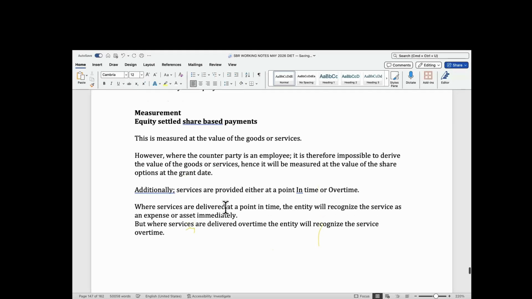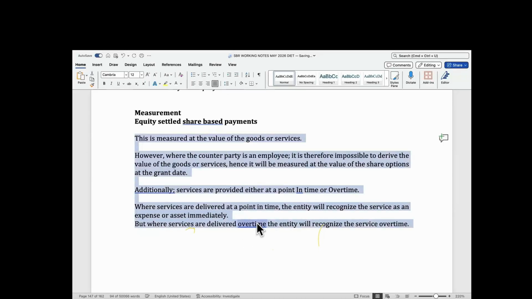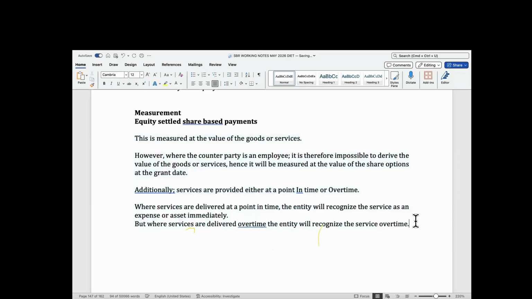It's just like the example of employees that I gave you, that the employee needs to work for 5 years. So when are we going to recognize the expense in our books? Is it after 5 years or at the beginning of the 5 years or when? It's not at the beginning, it's not at the end alone, it's over the 5 years.